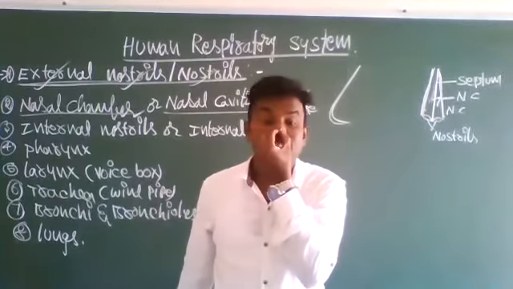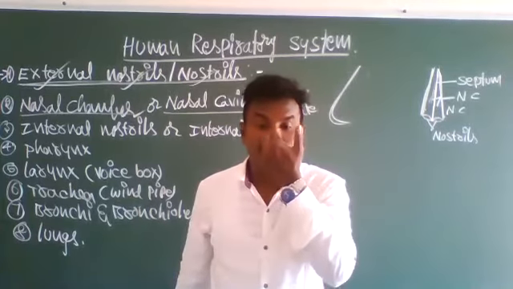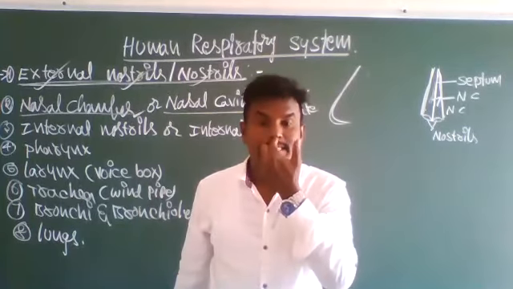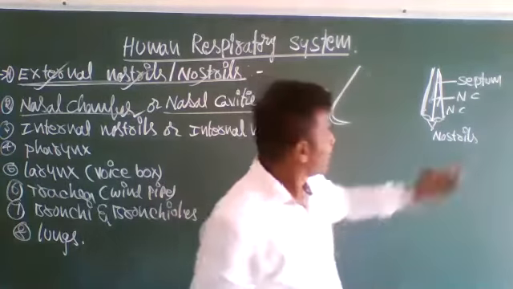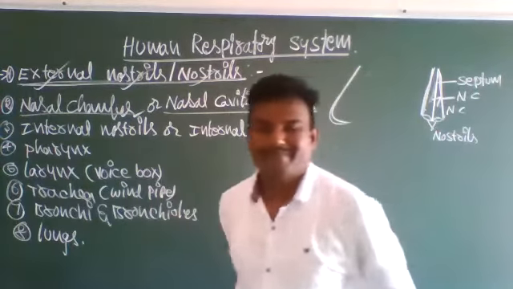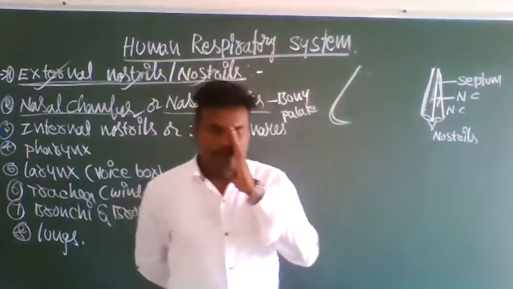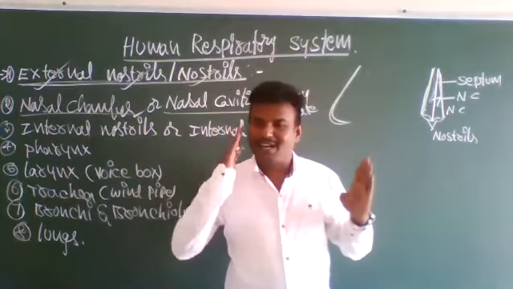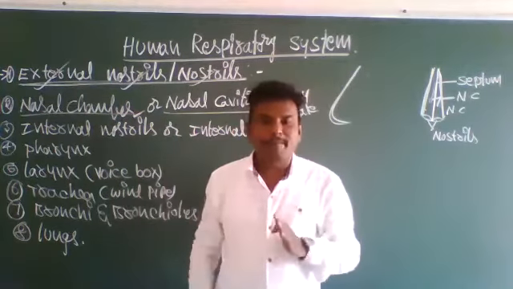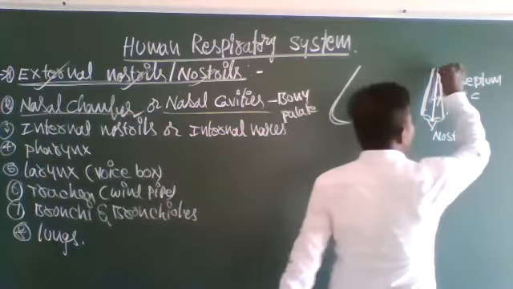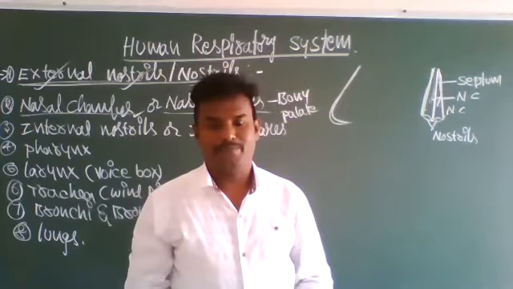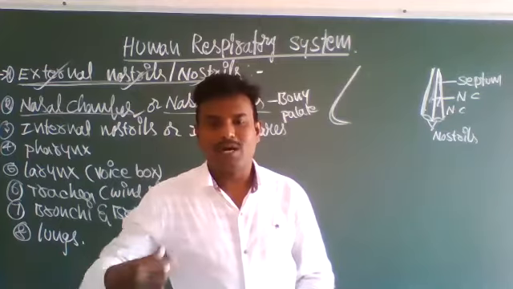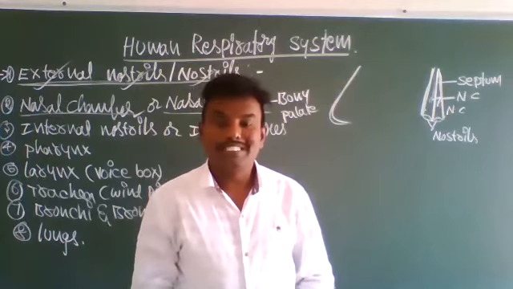See here, this is the vertical line, septum. So the left nostril chamber and the right nostril chamber are both separated by a vertical wall. That vertical wall is called septum.